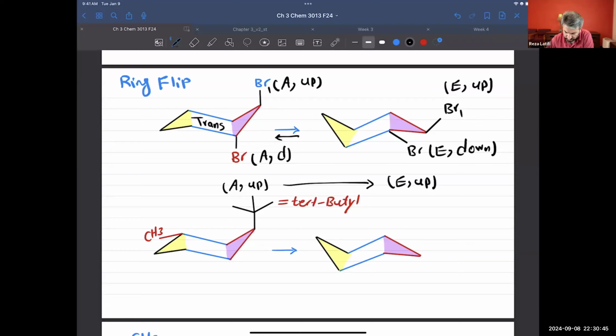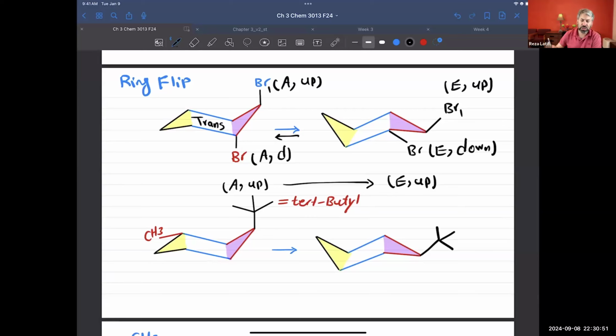Let's draw the equatorial. This is the tert-butyl. We need to have the methyl group 1, 2, 3 carbons far from it. The methyl used to be in equatorial, but it's pointing down. Now it's going to be in axial position.